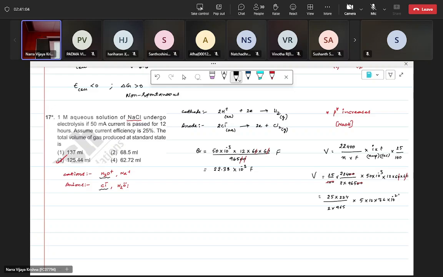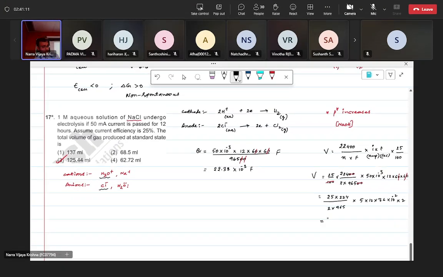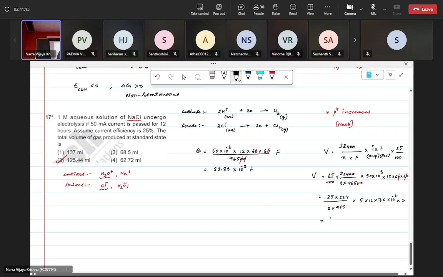So I am multiplying this value with again 2. 62.67 into 2, 125.347 is the answer.